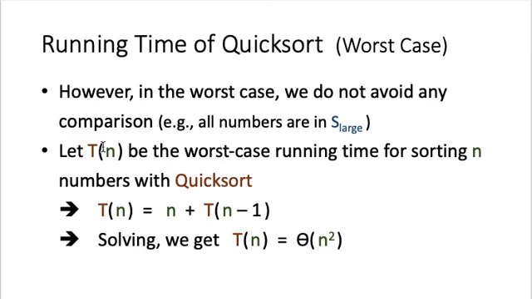Now to see this is really a bad case, let us use T(n) to denote the worst case running time for sorting n numbers with quicksort.